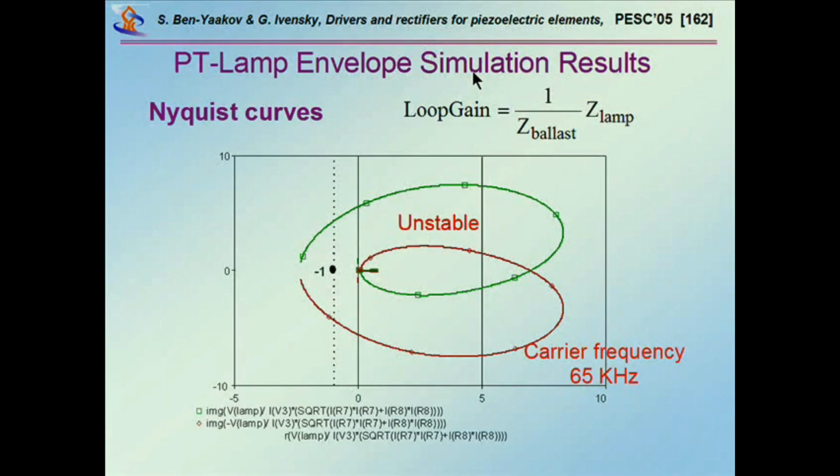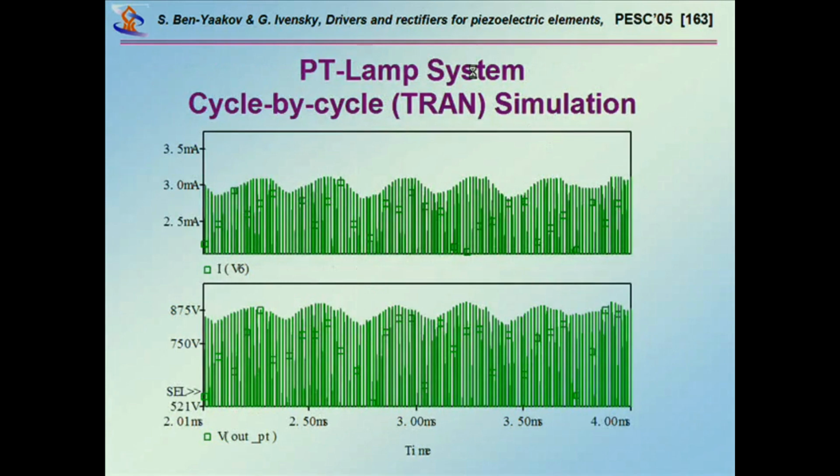So by this, we can very nicely analyze the system, and indeed, you see that in simulation, for this particular unstable case, when you put the right carrier frequency, etc., and run a simulation on the total system, you indeed get instabilities very similar to what we are getting, of course, in the experimental case.